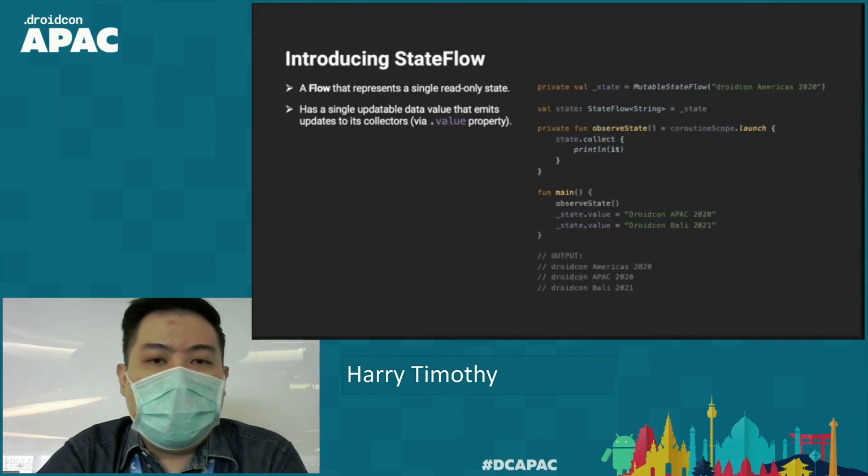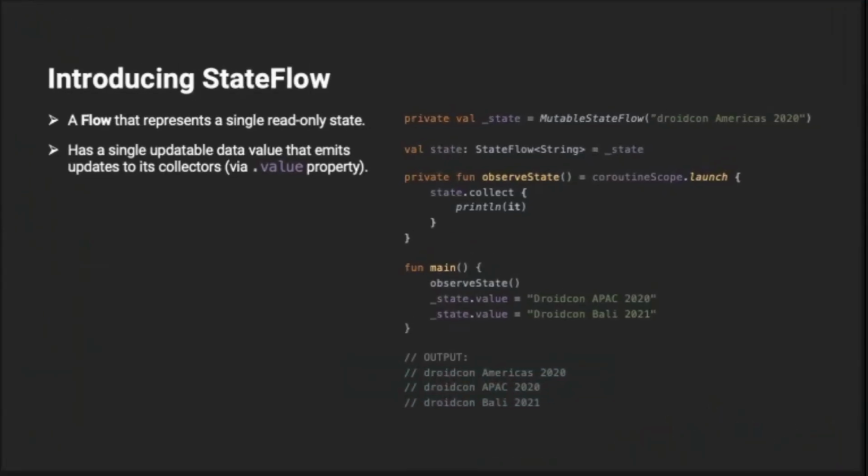Just like how we use LiveData, we keep the mutable StateFlow as a private field and only expose the immutable one. In this example, we are creating a StateFlow of string. And here we have a private observe state function, which triggers the data collection and prints every string update.